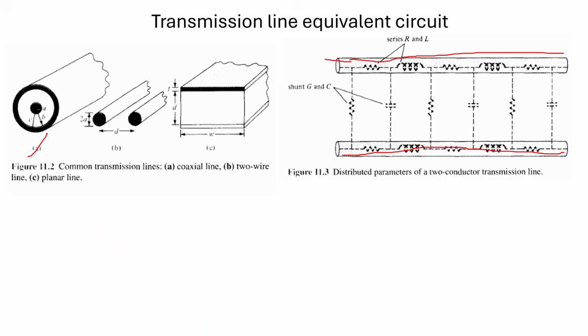The dotted part here has a resistance, and there is also a conductance, that is 1 by R. This is your capacitance C, this is your G, and this is your R. Similarly, we are replacing this with the inductance L. If you replace with all these equivalent circuits, ultimately it will form one pattern that can be replaced by the equivalent transmission line.